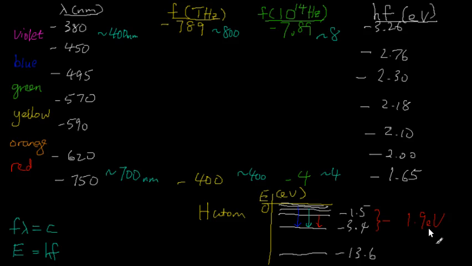Then we have to think, a 1.9 eV photon, what color is that? Hopefully we would have remembered that 1.9 eV is in the red color range, because from this column of numbers, red is between 1.65 and 2 eV, and 1.9 is in between.